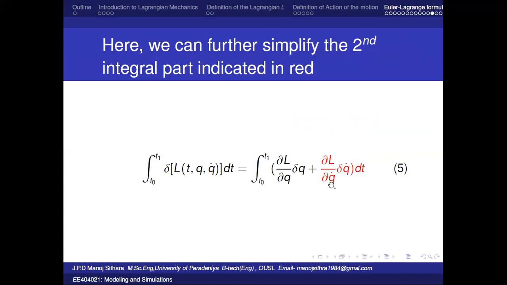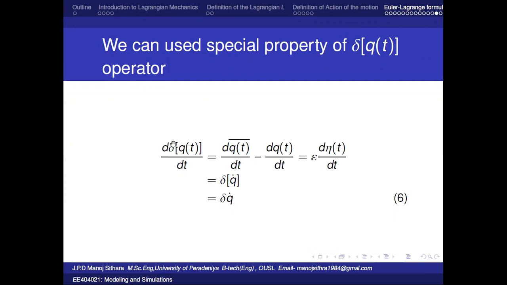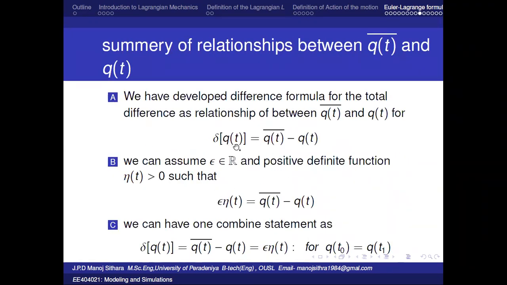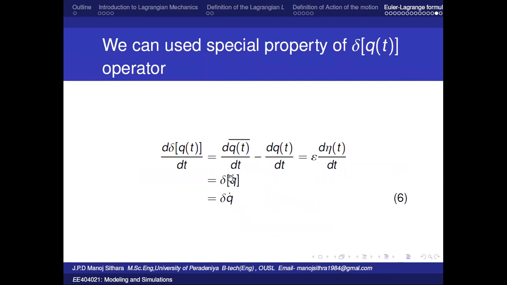Now we can actually treat that integral part as shown below. If we understood well what delta q dot is, that means the small variation or behavior of the velocity, right? Now let's see, since q(t) is a function of time, we can differentiate the original statement of the difference formula, right? The time derivative of this statement can be considered in this form, right?